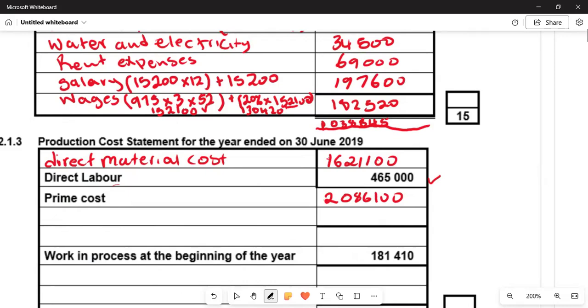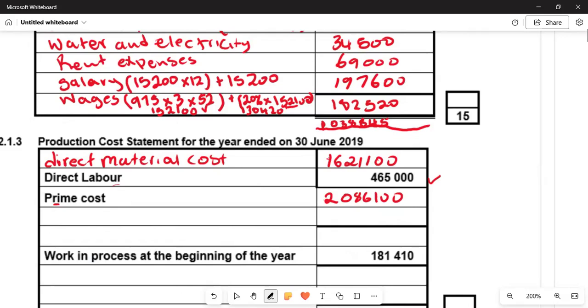So when you add direct material plus direct labor, it's called the prime cost. Remember, the production cost statement is the summary of direct material, direct labor, and factory overhead cost.